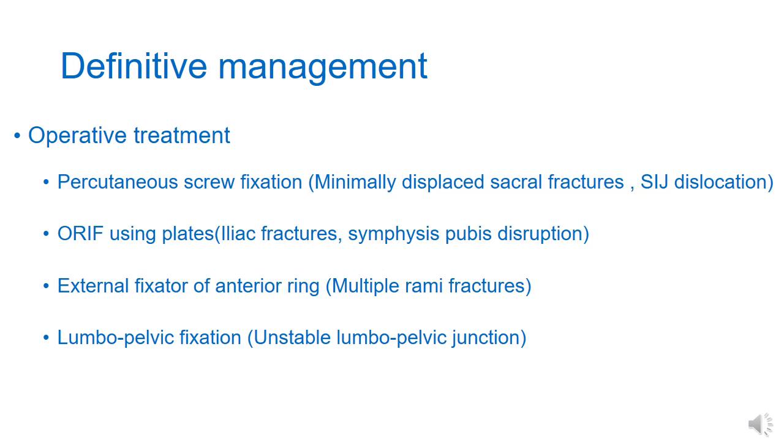External fixation of the anterior ring could be a definitive management method, especially if you have multiple comminuted fractures, which are difficult to treat by open reduction internal fixation. And last, if we have unstable lumbopelvic junction, we will go for what's called lumbopelvic fixation.